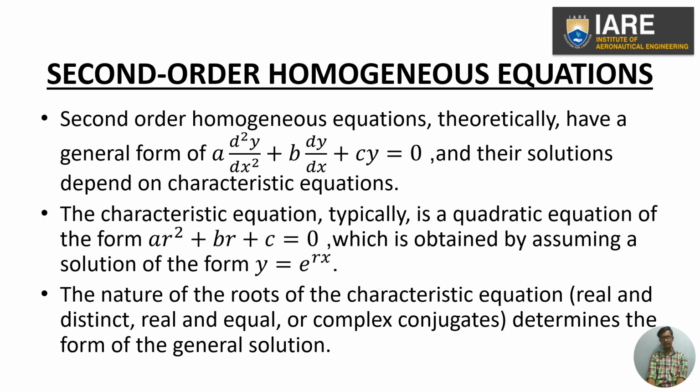A characteristic equation is typically a quadratic equation of the form ar² + br + c = 0, which is obtained by assuming the solution of the form y = e^(rx).